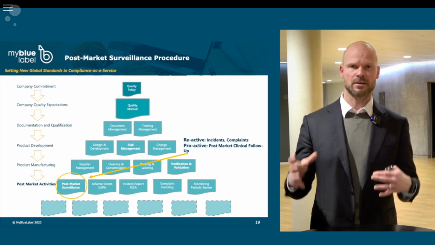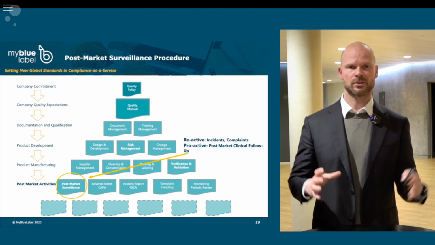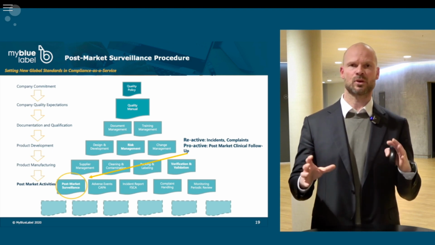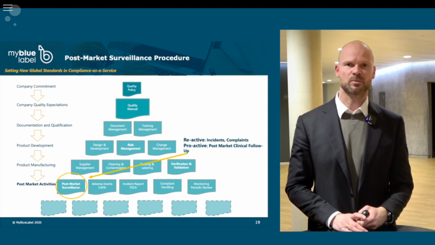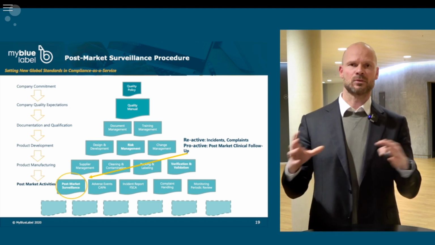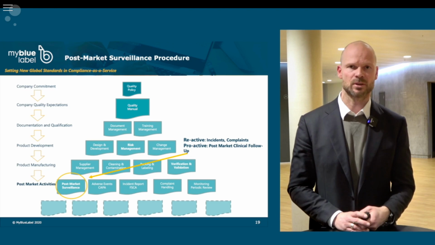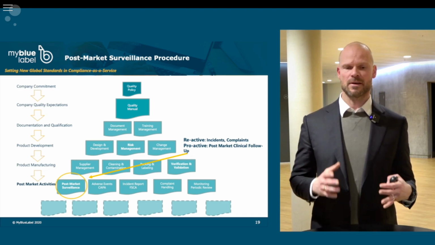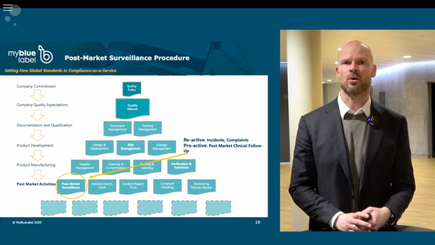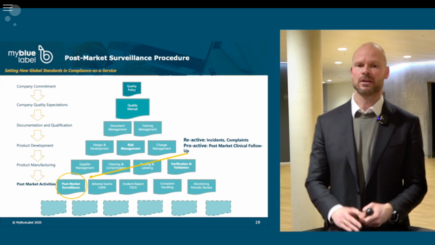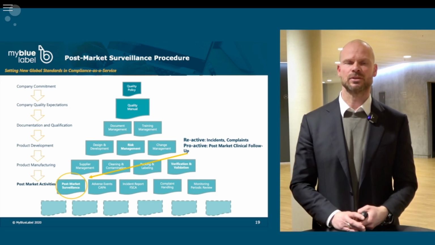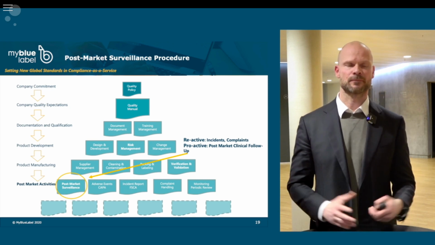And this information you need to collect, trend on, and compare with your risk management situation and figure out: did I do my risk management well enough? Am I putting a product on the market that is safe? And does it perform according to specification? So these are the activities that you need to really focus on.